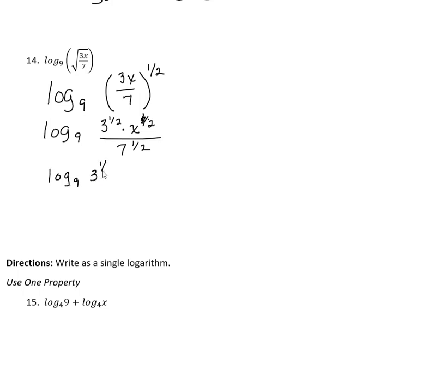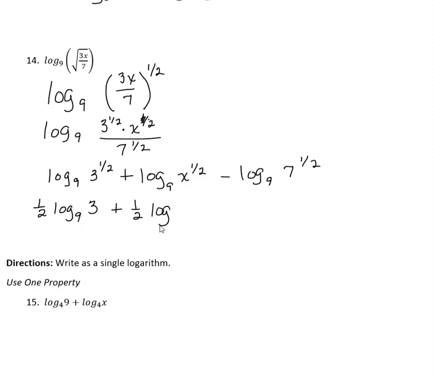So log of 3 to the 1/2 plus the log of x to the 1/2 minus the log of 7 to the 1/2 power. And then all of those exponents come up front. So I have 1/2 log base 9 of 3 plus 1/2 log base 9 of x minus 1/2 log base 9 of 7.